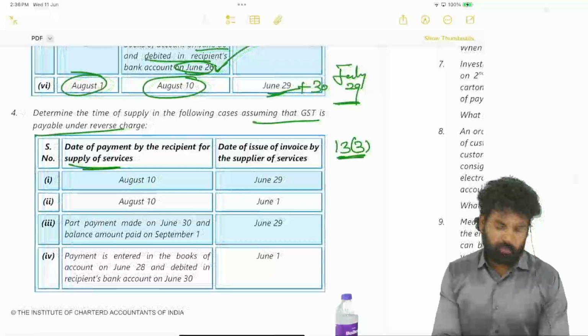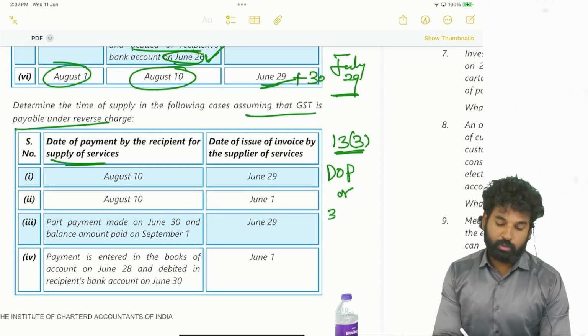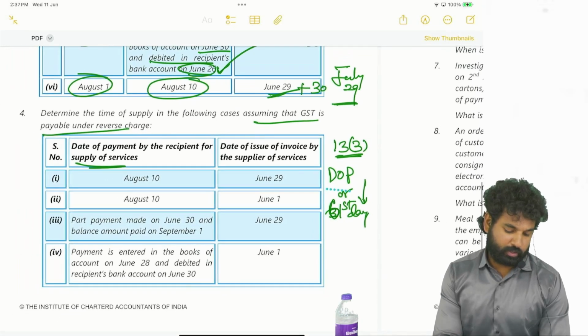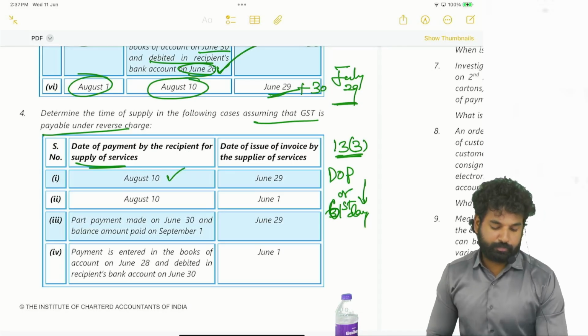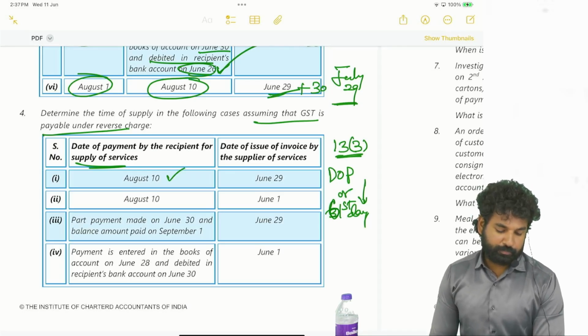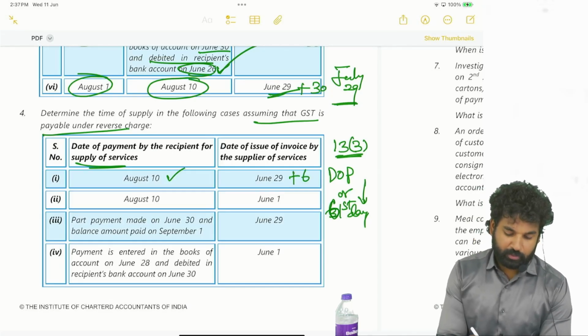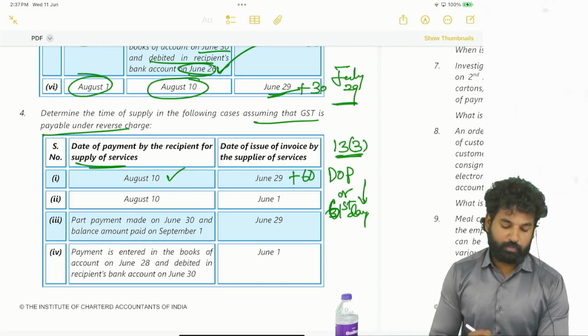Date of payment or date of 61st day, whichever is earlier. Date of payment by the recipient of services is August 10. Date of issue of invoice 29 plus 60.